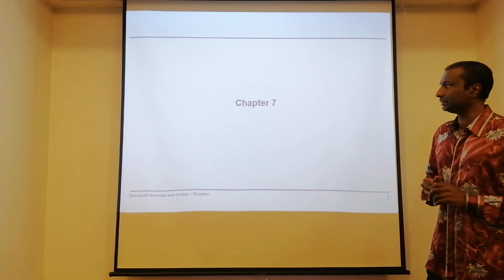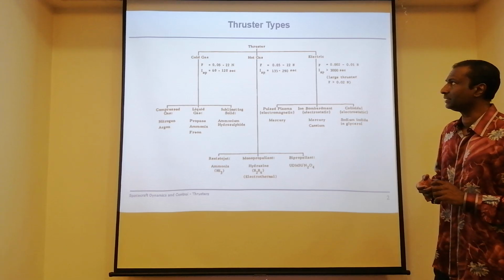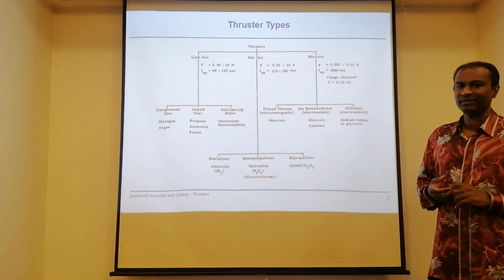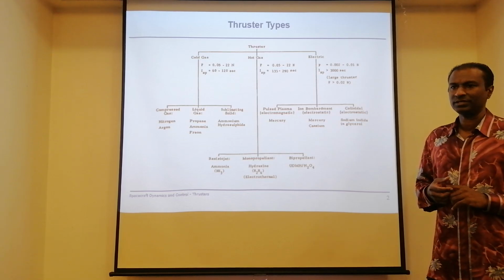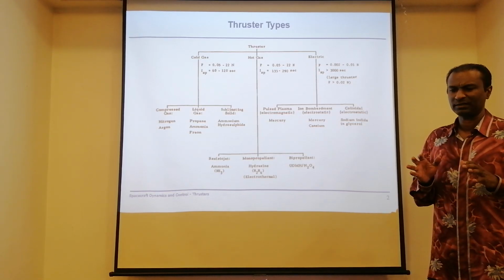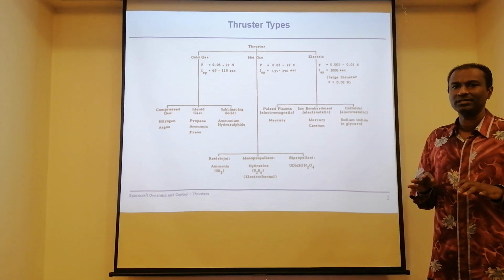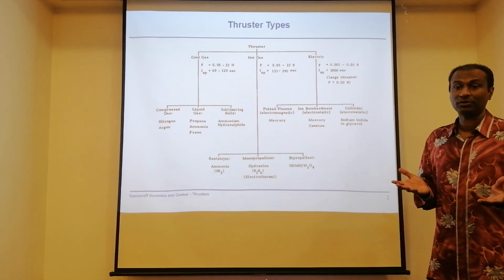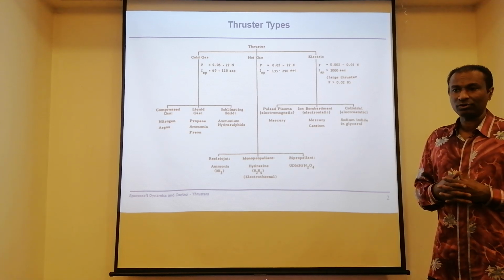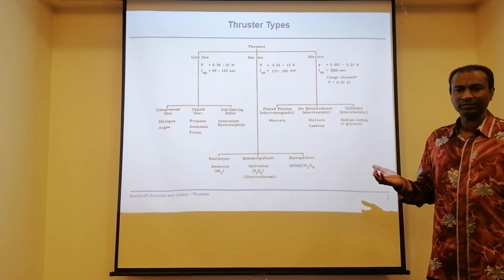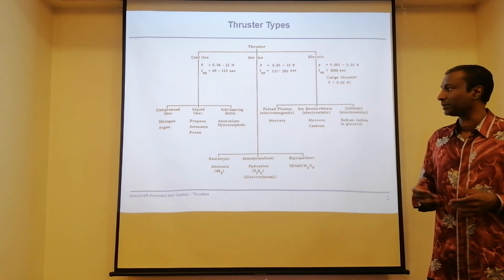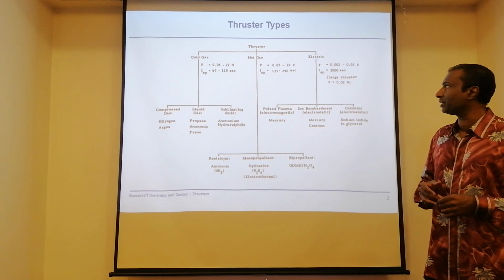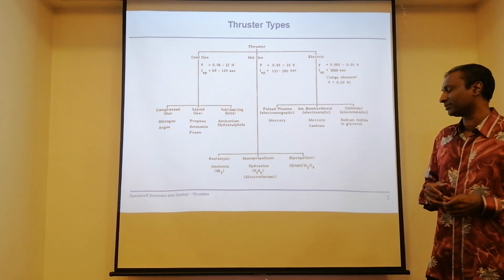So let's see first. Now, just a reminder. I think you should have done this in satellite technology, where one of the subsystems you would have been exposed to is the propulsion system, or even the thrusters. In satellites, we call them thrusters. We don't call it a satellite engine. We call it thrusters because it is a propulsion system. Typical ones are cold gas, hot gas, and electrical propulsion.